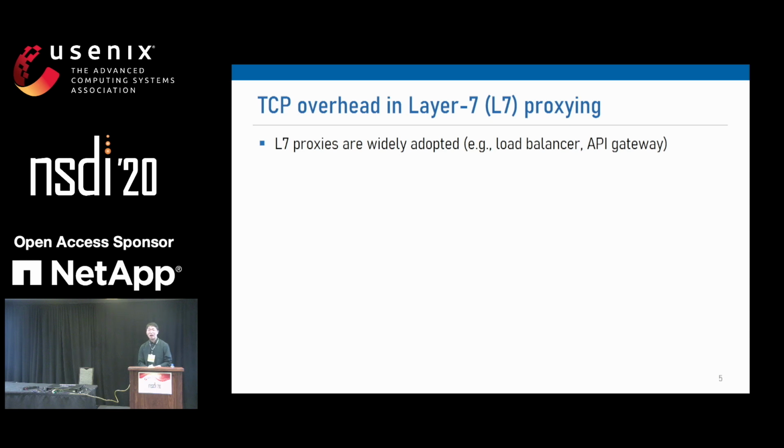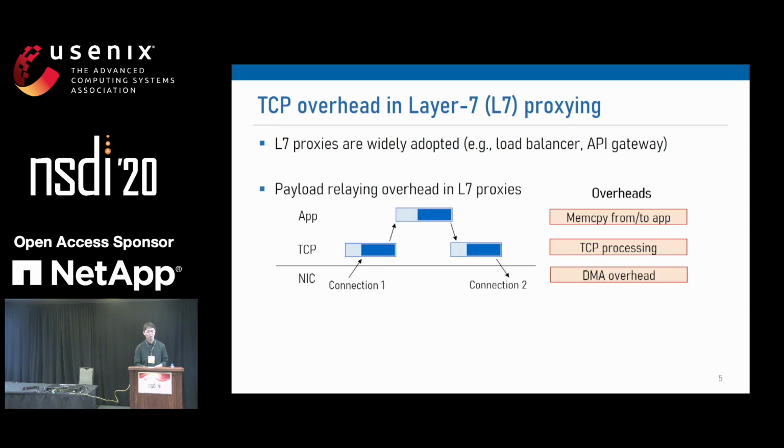Another important class of TCP application today is layer 7 proxies, which are used to map client-side connections to backend servers. After establishing two connections and handling application headers, they often fall back to transparent proxy mode, which simply relays payload between two connections.